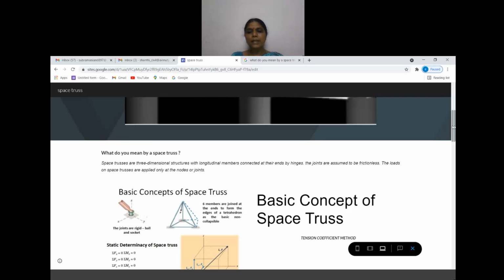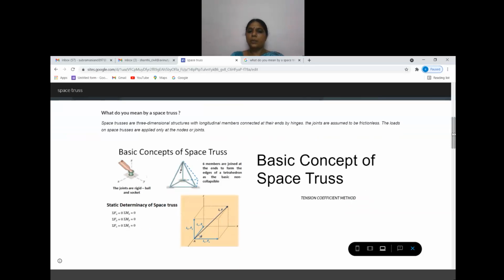Now, what is the basic concept of the space truss? Let us see whether it is a determinate structure or an indeterminate structure. A determinate structure is one where the unknown forces can be resolved using the equilibrium equations, whereas for indeterminate structures, other than the equilibrium equations, you need other equations, like compatibility equations, to solve the unknown forces.